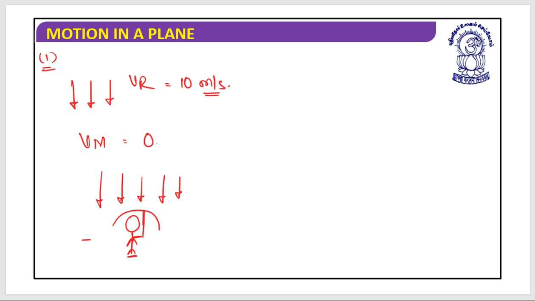If I make an angle, let's suppose this is the horizontal reference level X. So with the horizontal it is at 90 degrees.